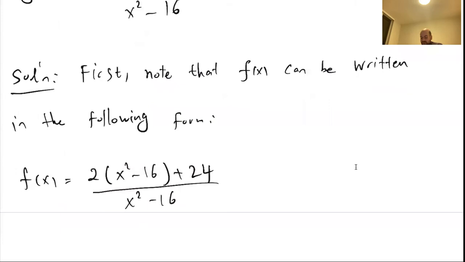So then this can be written as 2 plus 24 over x squared minus 16. Right? 2 times x squared minus 16 over x squared minus 16 is 2 plus 24 over x squared minus 16.